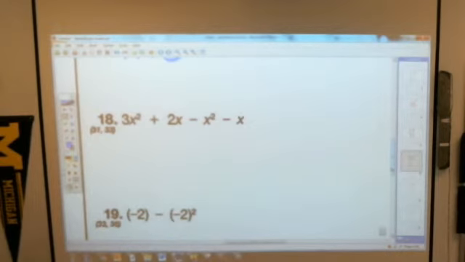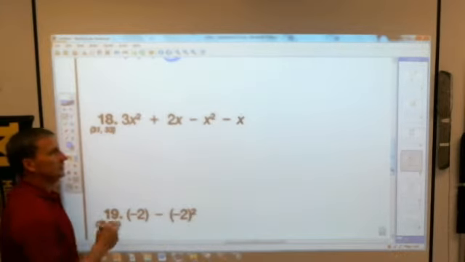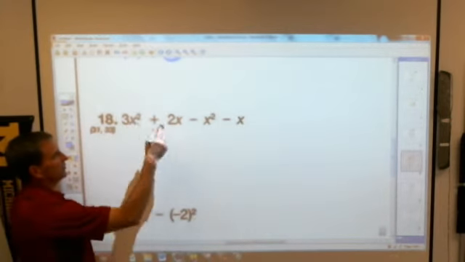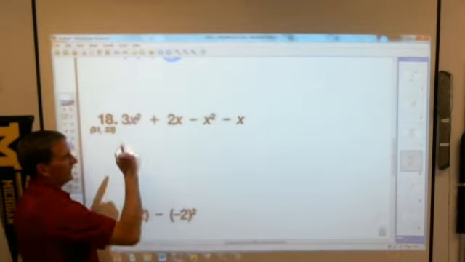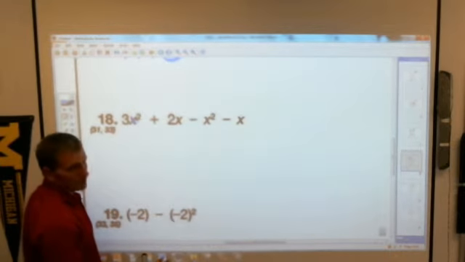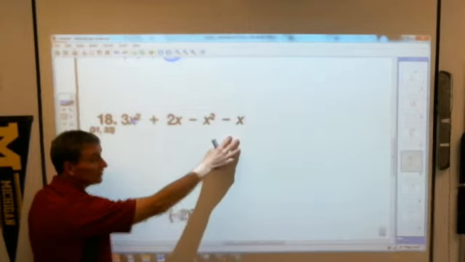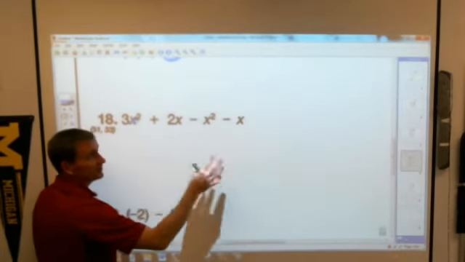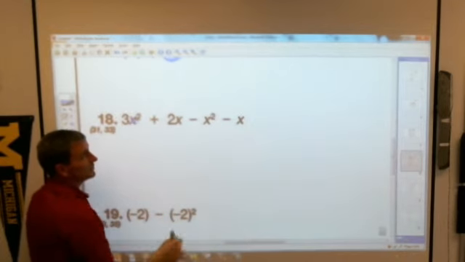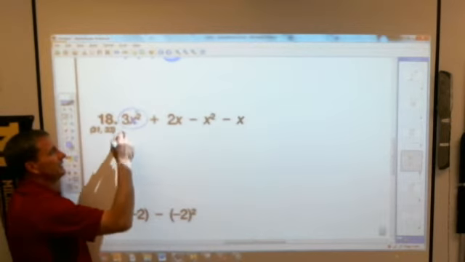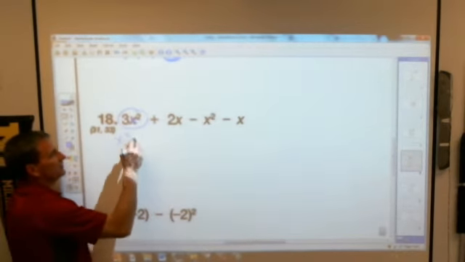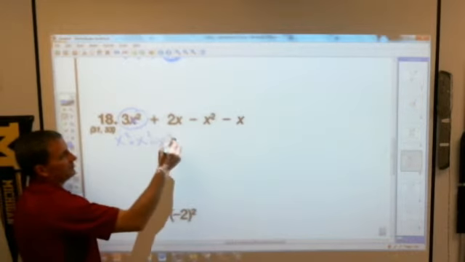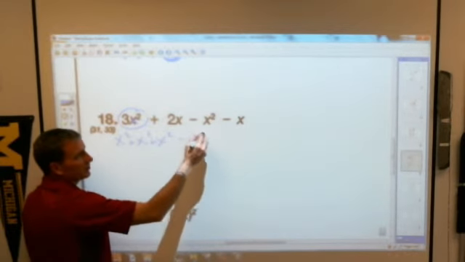How about combining like terms or collecting like terms? Please understand this. You cannot put x squared with x's. Your answer won't have any x to the fourths in it because there's no x to the fourths to start off with. Right? There's no x cubes there. You're going to get x squareds and x's in your answer because that's all you have to start with. I have 3 x squareds. I am taking 1 x squared away.